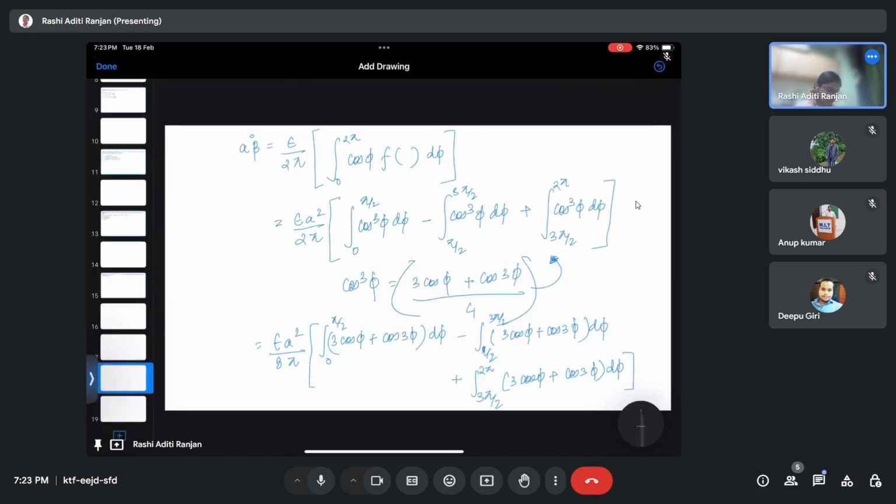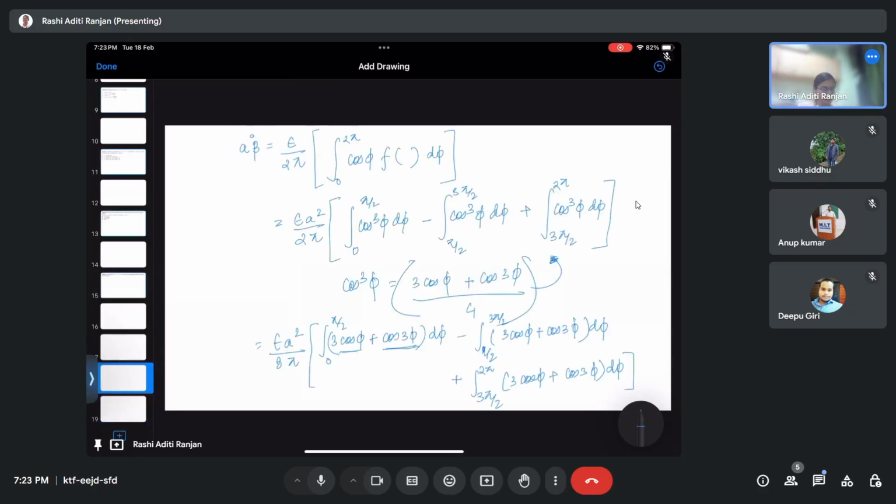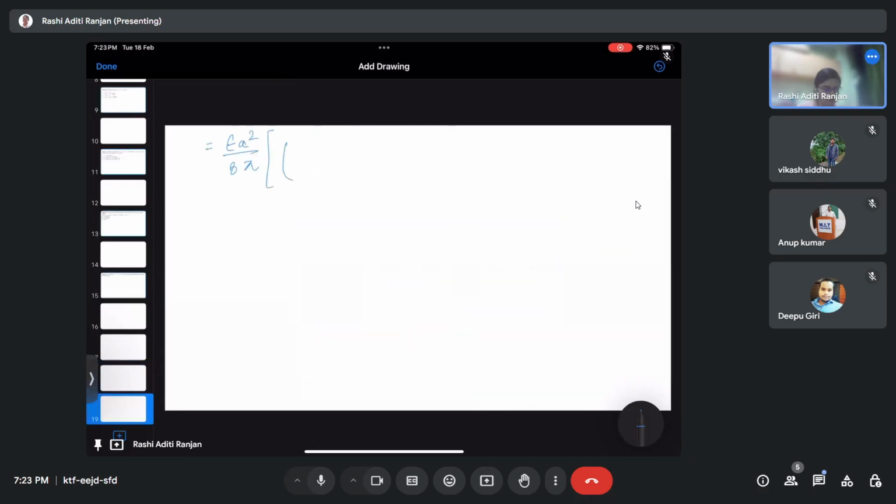Okay, look at this. This is cos phi, this is cos 3 phi. Integration of cos phi is nothing but sine phi, and integration of cos 3 phi is nothing but sine of 3 phi by 3. Okay, so if I put it, I get 3 sine phi, and sine of pi by 2 is 1, sine of 0 is 0. 3, 1 minus 0.